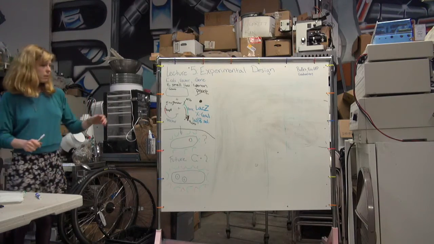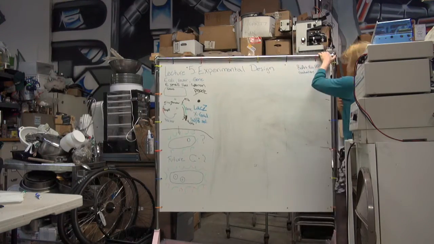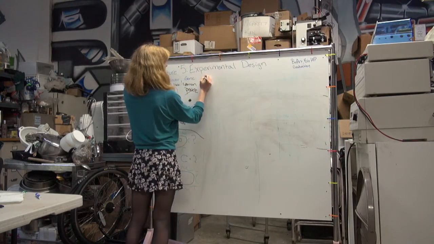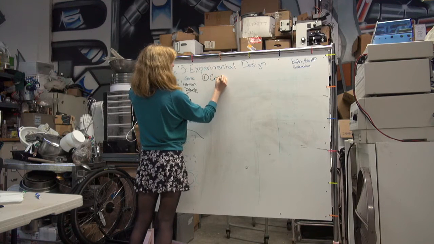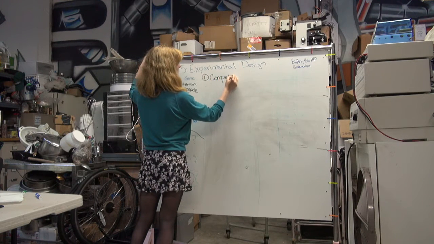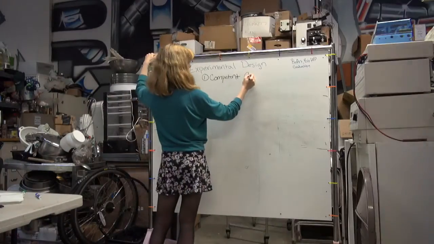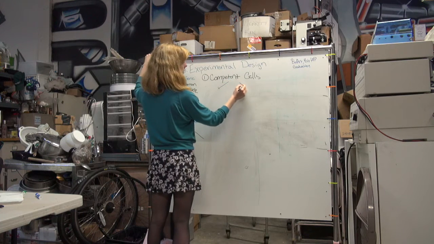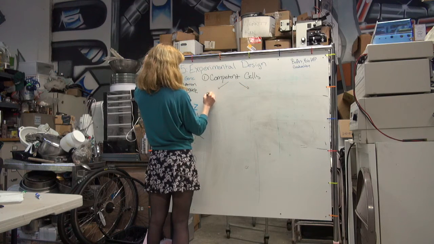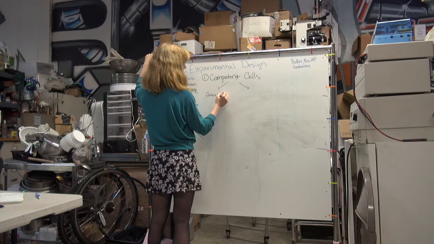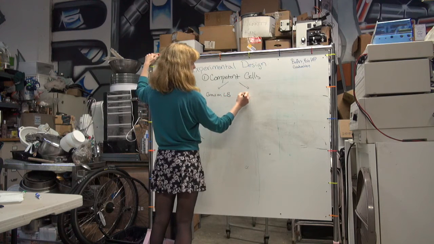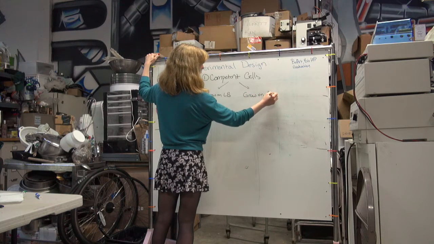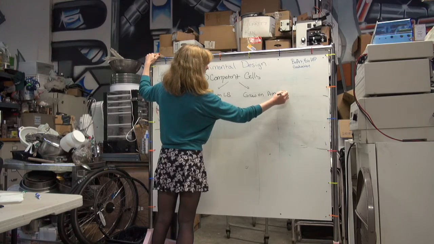So step one, we're going to take our cells, and we're going to see if they grow on LB, and as our example, on ampicillin plus plates.